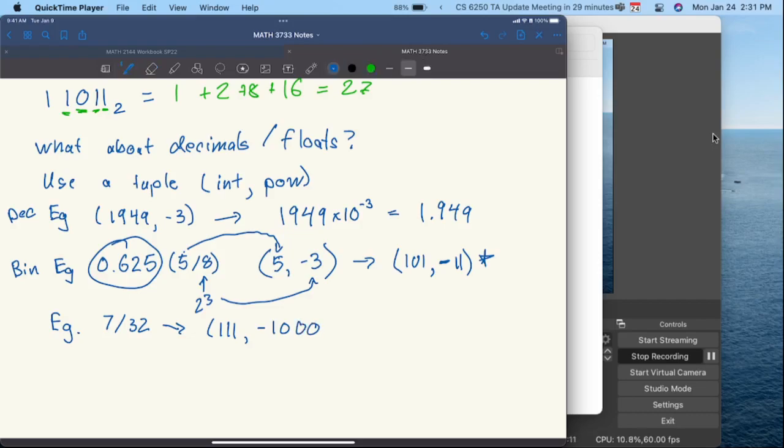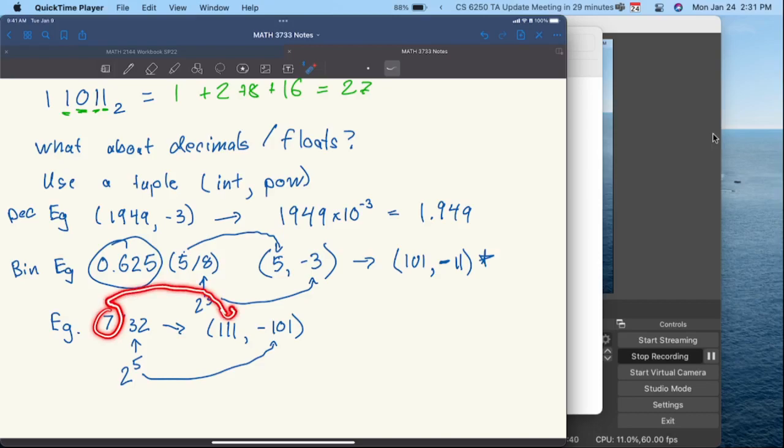So hold on, I have to visualize this. So 32 is not, oh wait, not quite. 32 is 2 to the what? To the fifth. So it's the exponent that goes here. So 5 is going to be 101. So to recap, the numerator is right here.